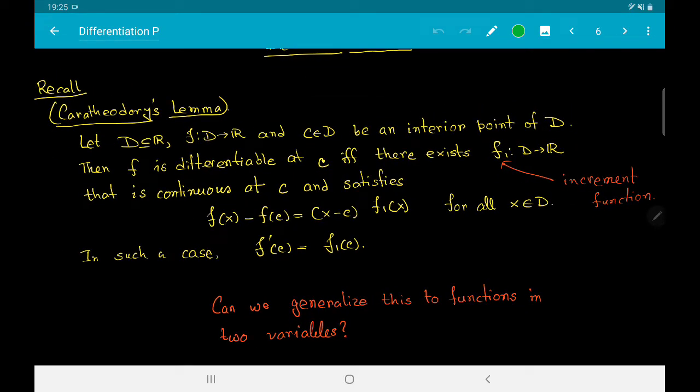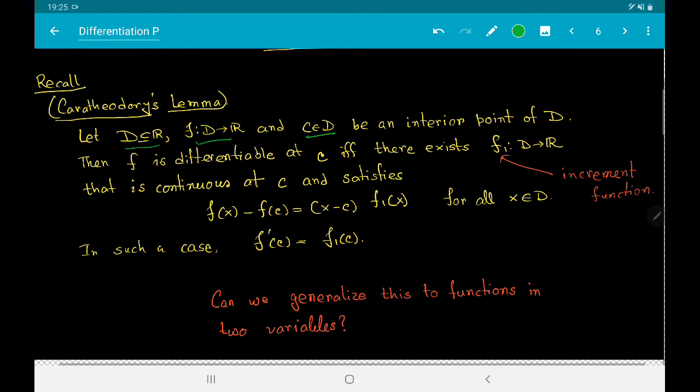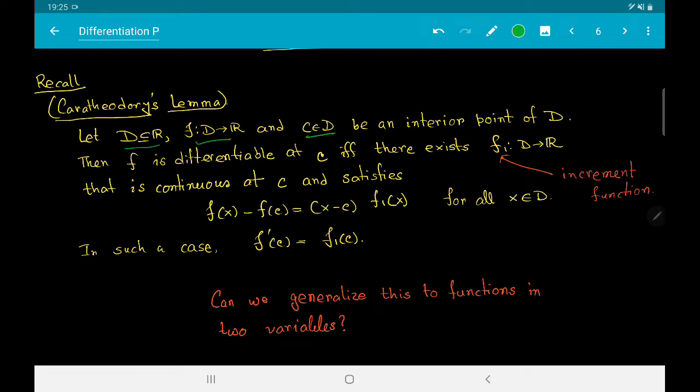The statement was, as always, D is a subset of R, f is a real valued function on D, and c is an interior point of D. Then it turned out that f is differentiable at the point c if and only if there exists a function f1 from D to R that is continuous at the point c and satisfies the equality f(x) minus f(c) equal to (x minus c) times f1(x) for all x in D. And also we had derived that in such a case f prime of c is equal to f1 of c.